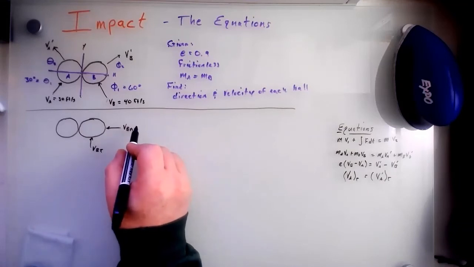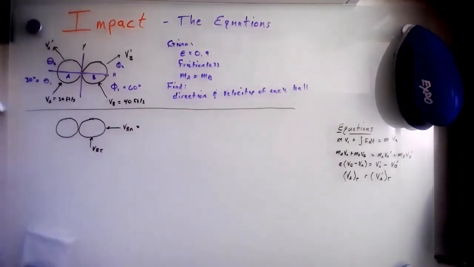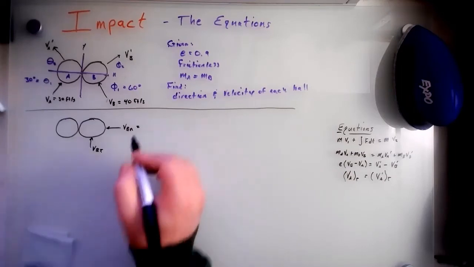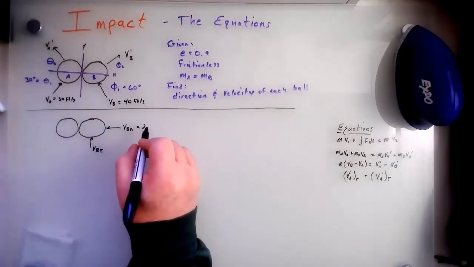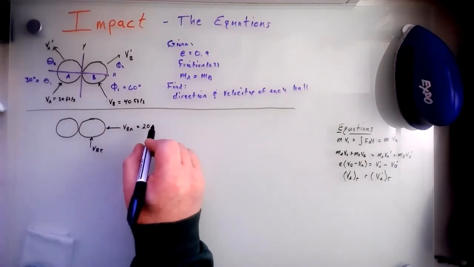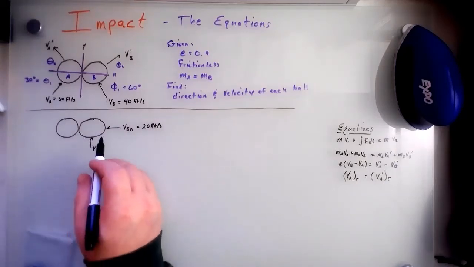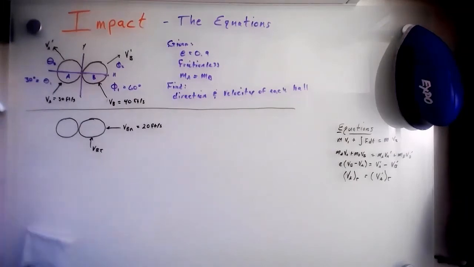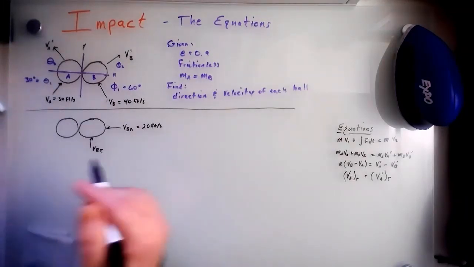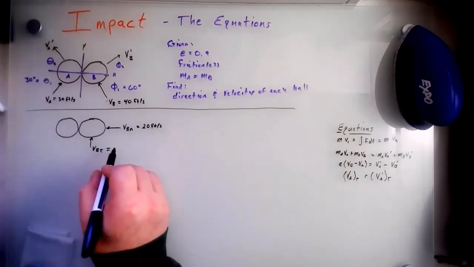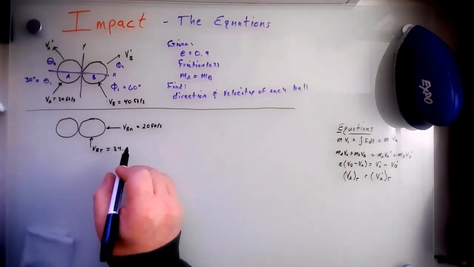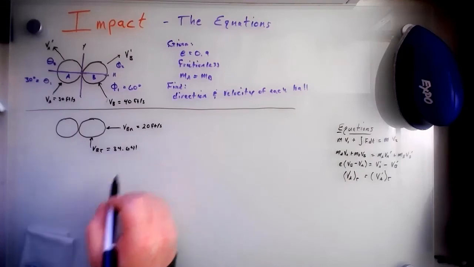Okay, and let's see, what are those? VBN is going to be the cosine of 60 degrees, which is 1/2, so this will be 20 feet per second. And this will be the sine of 40 times the sine of 60, and that is 34.641.